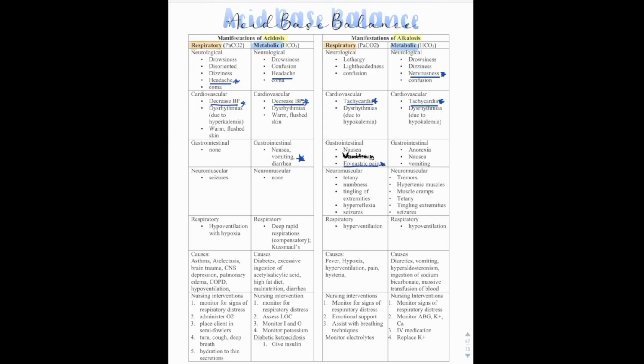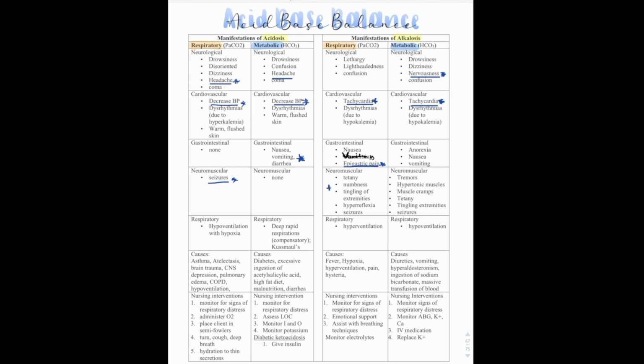Okay, so now let's move along to respiratory acidosis. For neuromuscular, we're going to see seizures. That's important, so remember that. And then for metabolic acidosis, we have no neuromuscular symptoms. For respiratory alkalosis, we're seeing tetany, numbness and tingling of the extremities, hyperreflexia, and seizures.